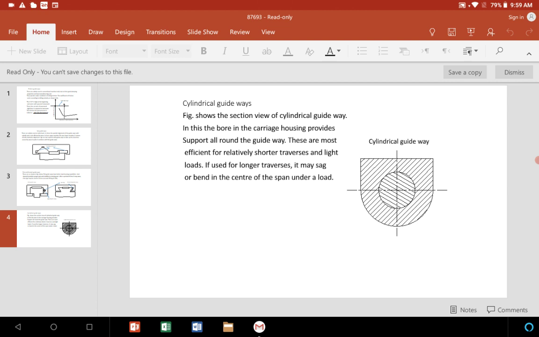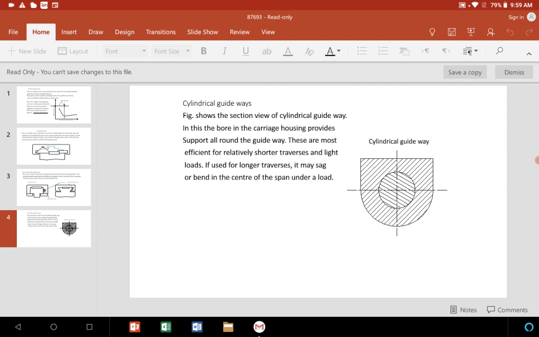As given here, the bore in the carriage housing provides support all around the guideway. These are most efficient for relatively shorter traverses and light loads.